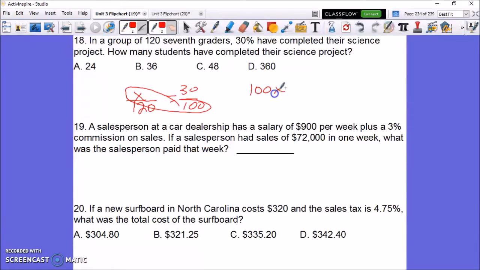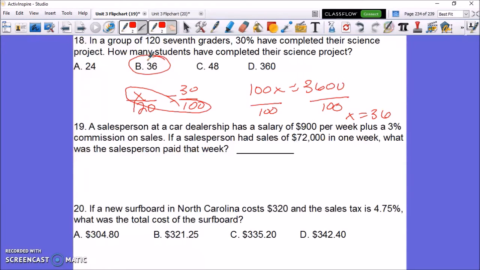We have 100x is equal to 120 times 30, which is 3,600. And then we're going to divide each side by 100. So x is going to equal 36. So 36 students have completed their science fair project.